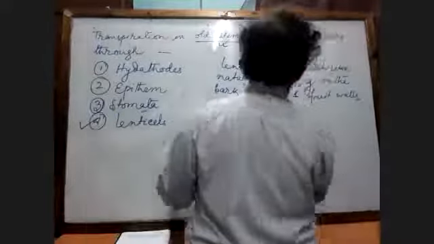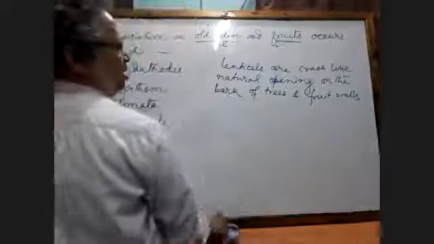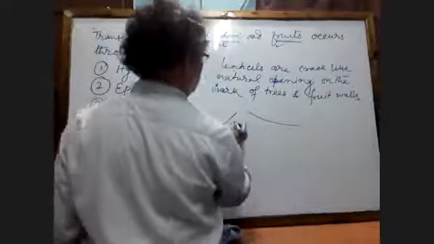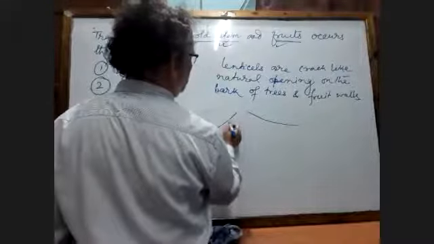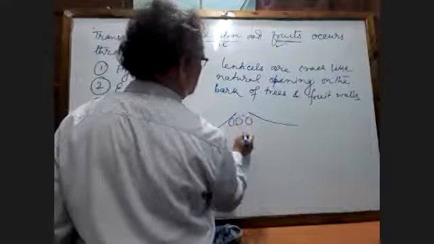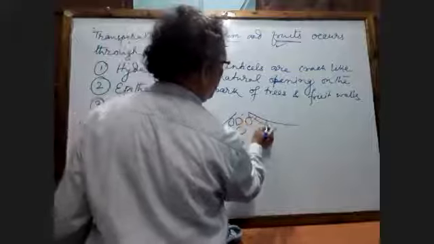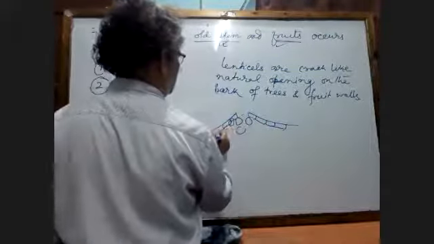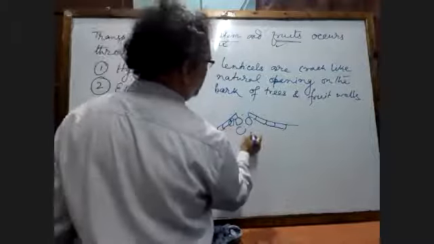So through these lenticels, these natural openings, the cells are very loosely arranged. This is a crack on the bark.